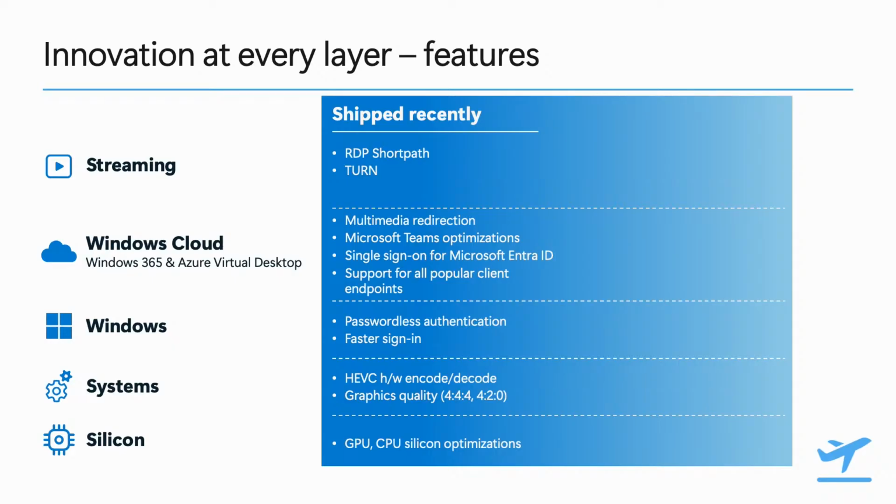In the streaming area, we delivered RDP ShortPath and support for TURN. Now, ShortPath, as the name suggests, is us trying to establish the shortest path between the client endpoint and your Windows in the cloud. This, physics comes into play, and the closest path generally gives you the best experience.